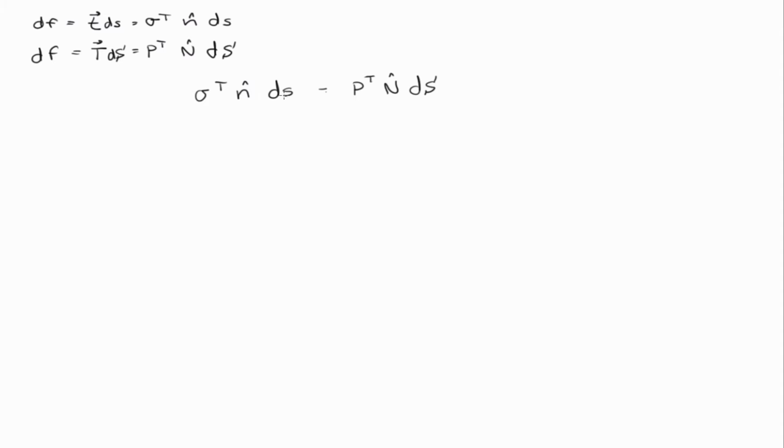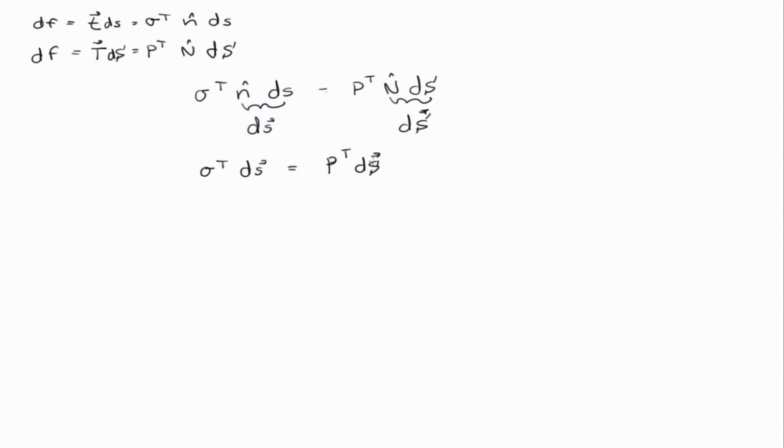Well, we defined this as the ds vector, and we defined this as the d big S vector. So now we have sigma transpose ds vector is equal to P transpose d big S vector.